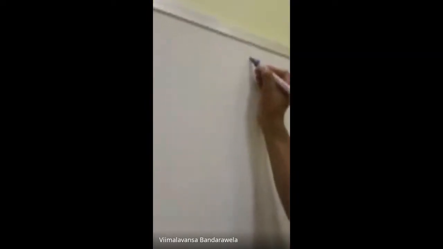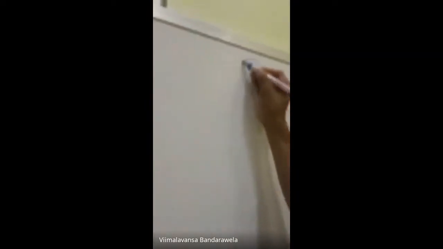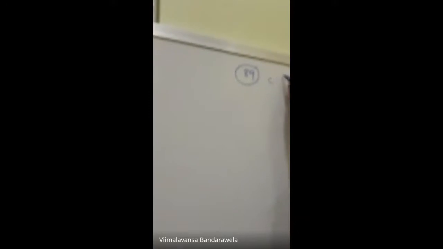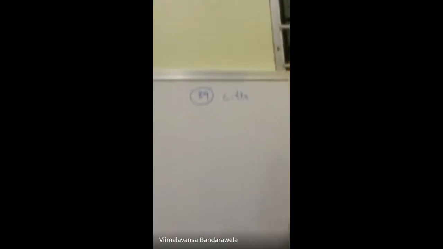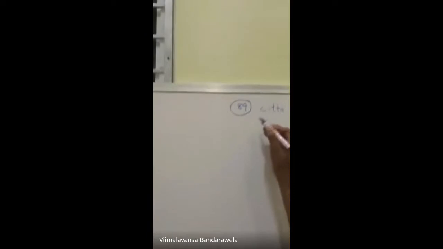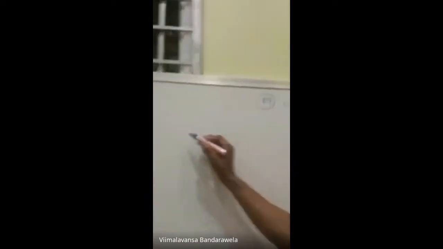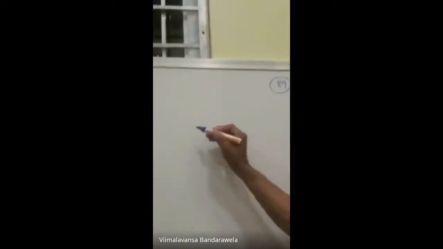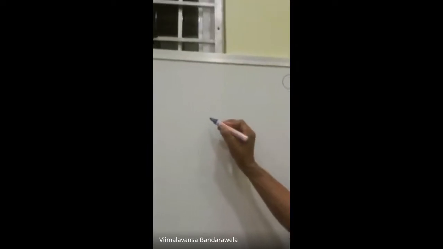So now there are 89 consciousness, 89 chitta, right? Chitta means consciousness. Can you see? Okay. Out of 89, this is the way to classify it.